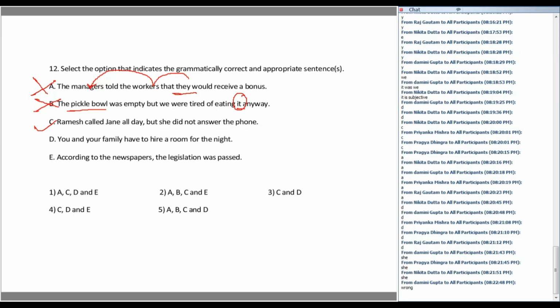You and your family have, ये plural हो गया, have to hire a room for the night. Correct. According to the newspapers, the legislation was passed. Correct. So C, D, and E are correct, which means we have to select grammatically correct. That means 4. Answer is 4.